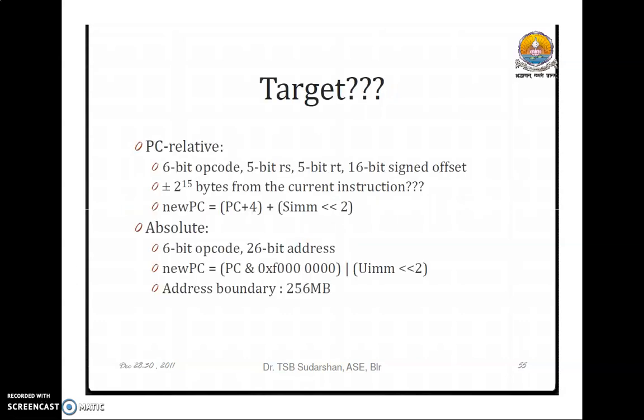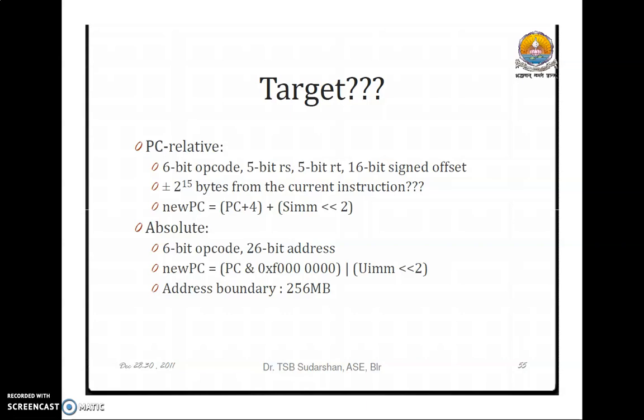Now, how do we compute the branch target address? In the case of PC relative addressing, the instruction will be an I-type instruction. We know that an I-type instruction has a 6-bit opcode, 5-bit RS, 5-bit RT and a 16-bit signed offset. In this 16-bit signed offset, 1 bit, the MSB of those 16 bits, will be a sign bit.